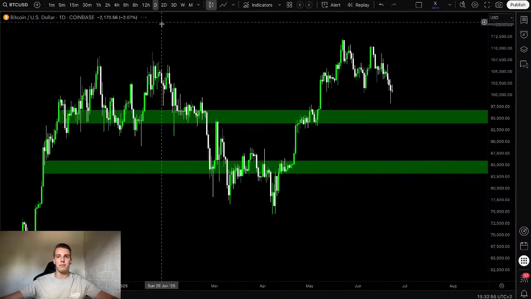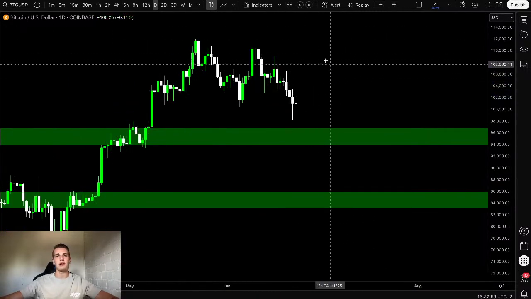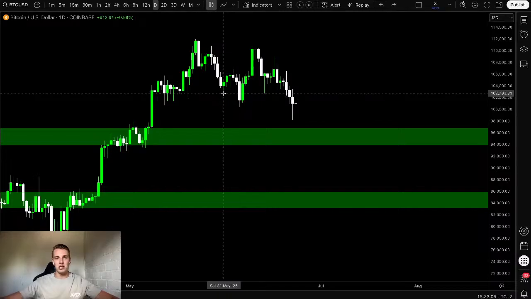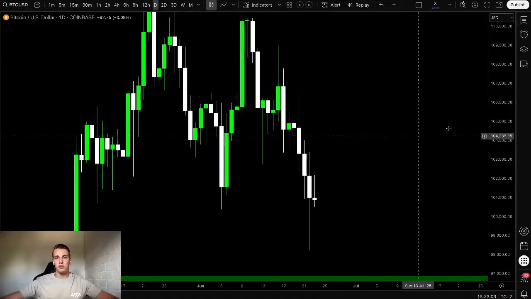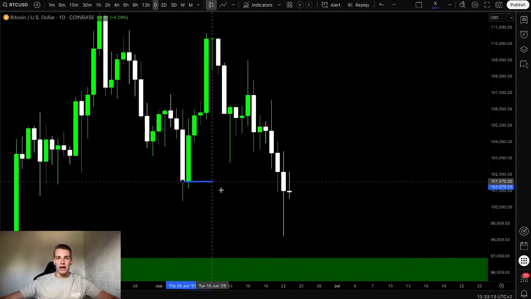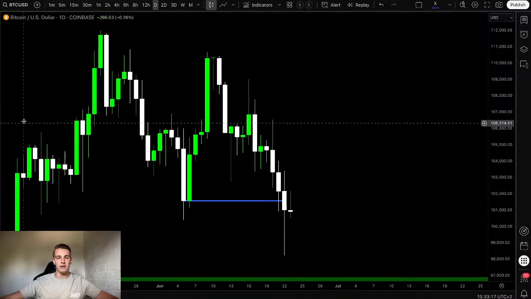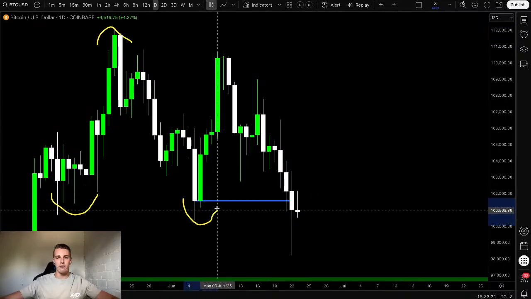That's the most important part, because the candles just print. We can't change the candles, but we can anticipate them, and see what the next chance is. What a good thing to see, and I'm going to zoom in a bit, is that if we look at the daily time frame, we had this low here, and this is a very important low, because if we look at market structure, this is the market structure we have right now.